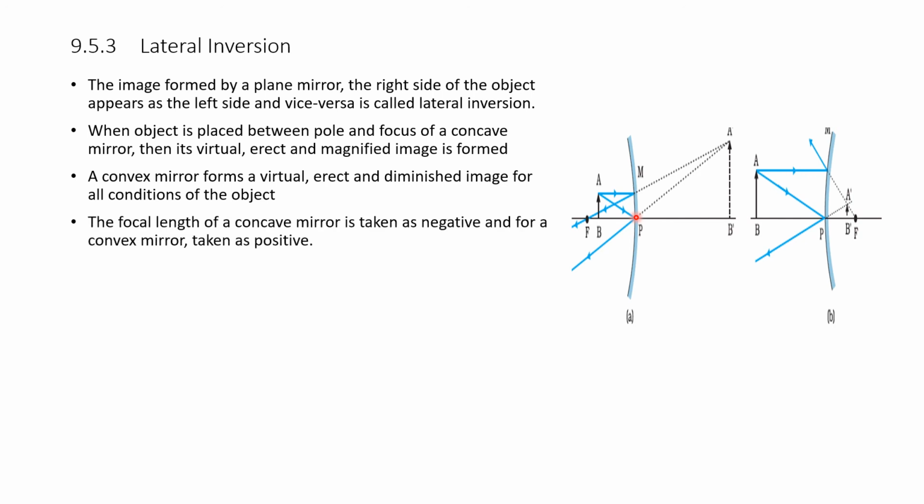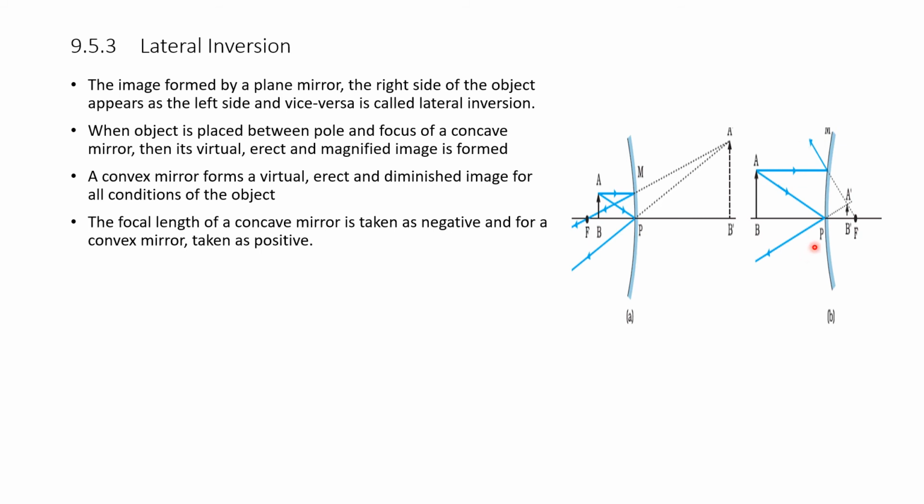A convex mirror forms a virtual, erect image. See, this is the convex mirror, and here also the ray of light falls and gets reflected. When it is projected backwards, it meets here, and the image formed is this one. So a convex mirror forms a virtual, erect and diminished image. See, the height of the image is smaller than the height of the object.